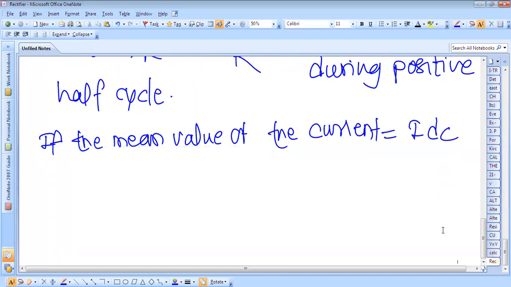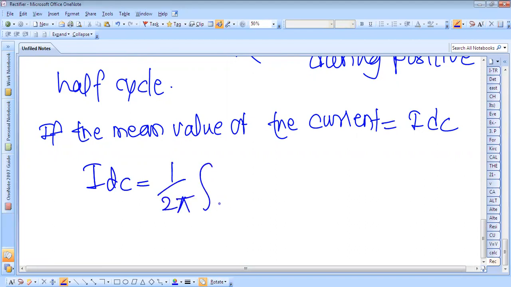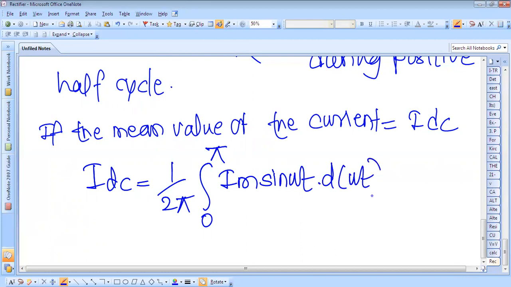We are getting the current in only one direction, that's why we call it IDC. Therefore IDC is equal to 1 over 2 pi, integral from 0 to pi, because we are getting it for a half cycle only, of Im sin omega t d omega t.